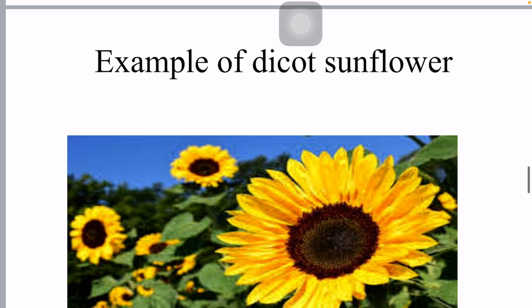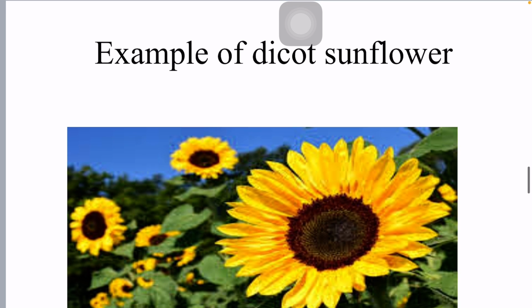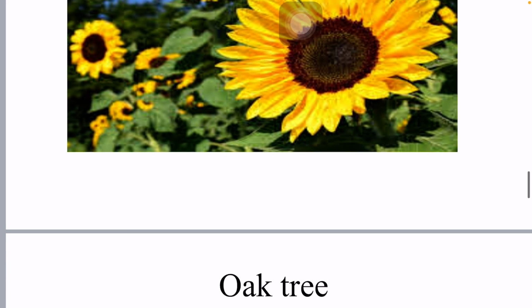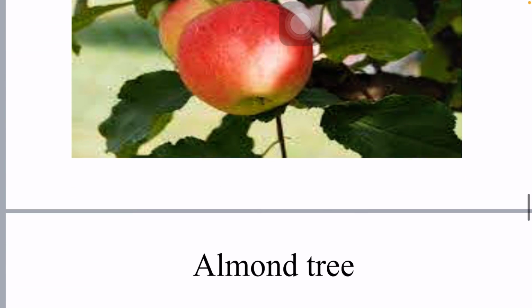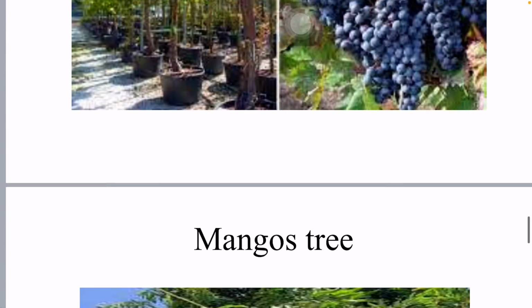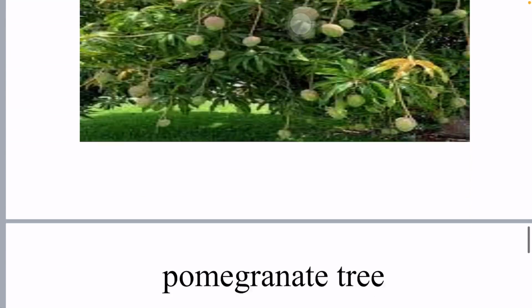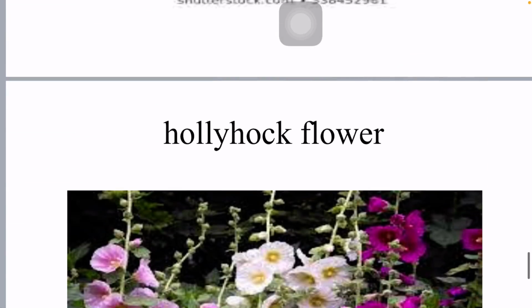And these are the examples of dicot. First is sunflower, oak tree, apple tree, almond tree, grape tree, mango tree, pomegranate tree, eggplant tree, holly.